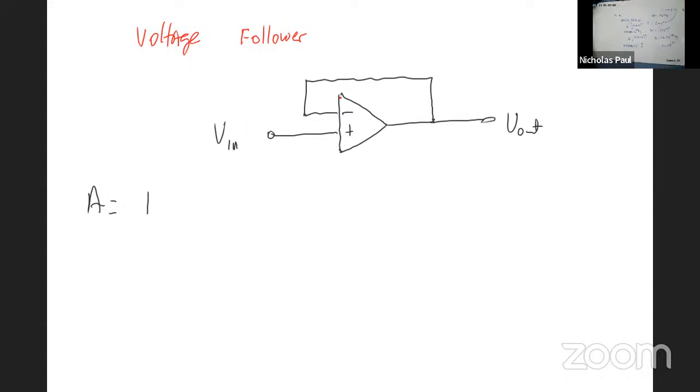How they work it out is like this: RF on RI, the feedback resistor. The feedback resistor has no resistance. But what is the input resistance? Anybody remember? What is input resistance, the input impedance, per op-amp?